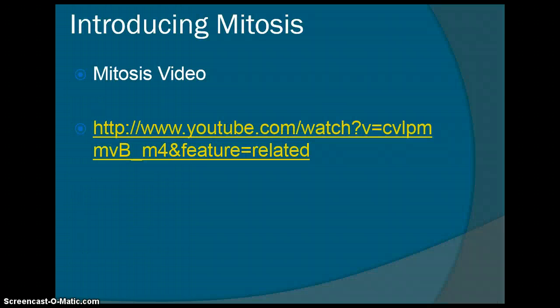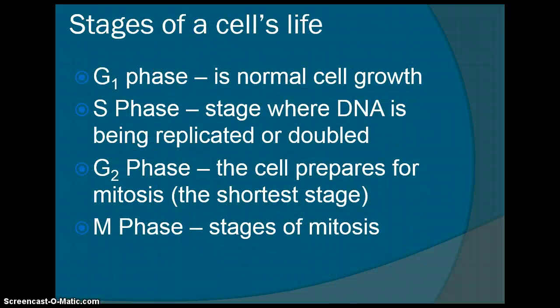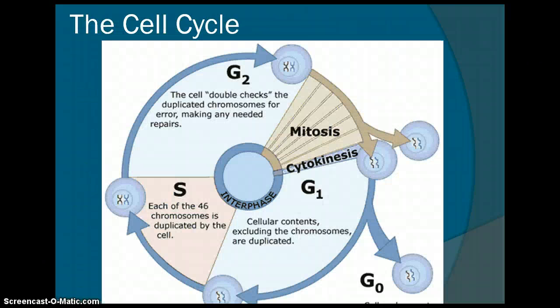And this really ends this video lesson. We are going to start in the next video going over mitosis itself. I will make sure that is up and ready for you. But to review, the cell goes through a normal life cycle, and part of that life cycle is cell division, and there are 2 parts: mitosis and cytokinesis.